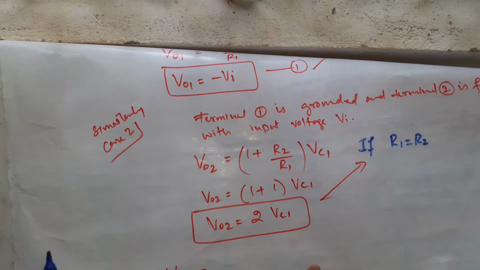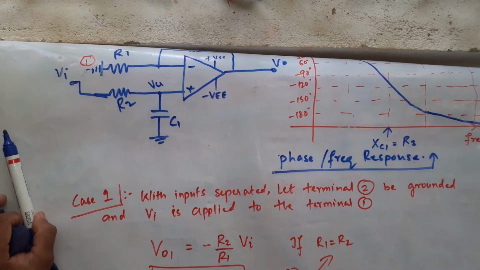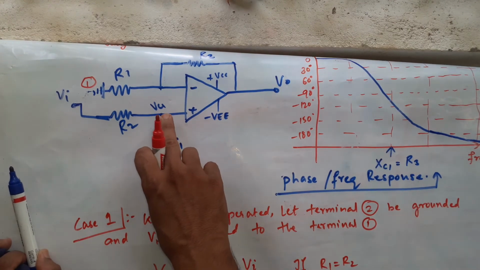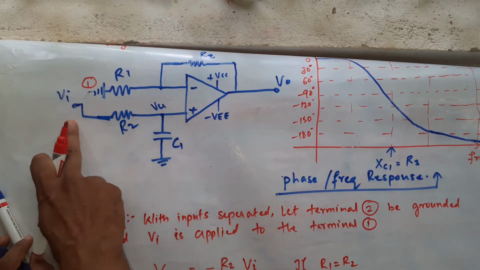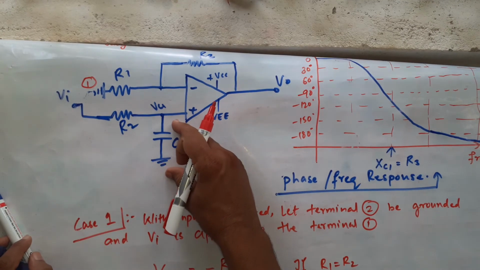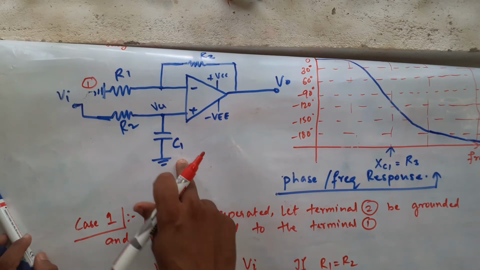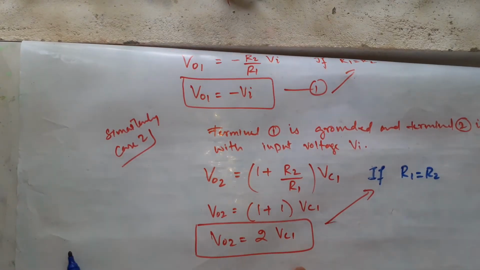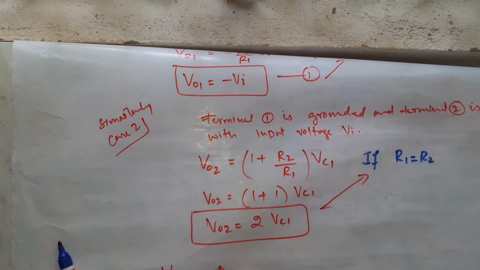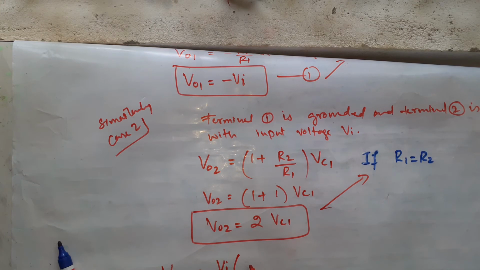Vc1 can be written using the voltage divider formula: Vi into its impedance Xc1, whole divided by R2 plus Xc1.